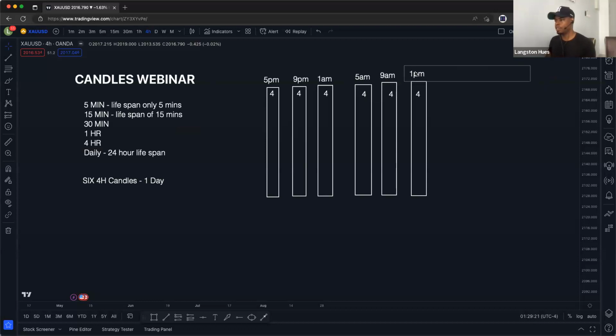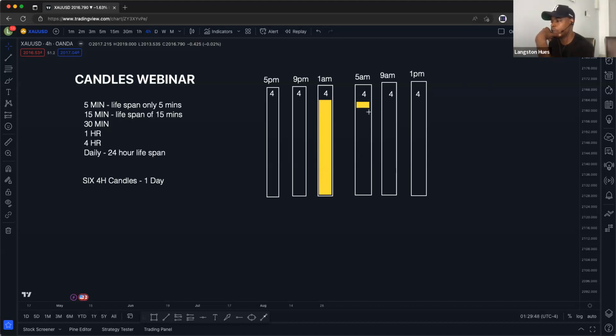On the charts. Now, when we talk about these 4-hour candles, there's only a few of them that have the greatest volume. That's going to be this one here, because this is around London session. That's also going to be this one here. So this is pre-London, so you've got volume kicking in.